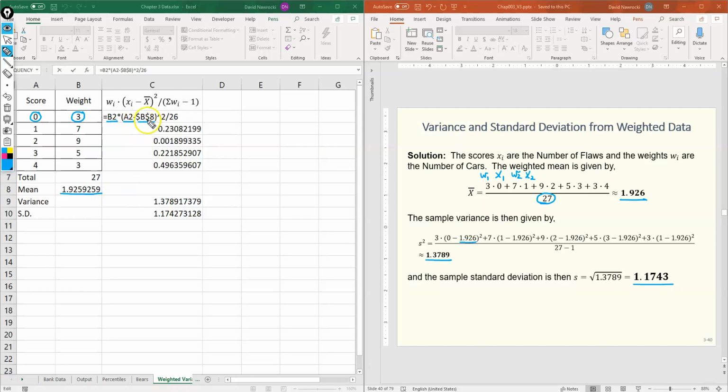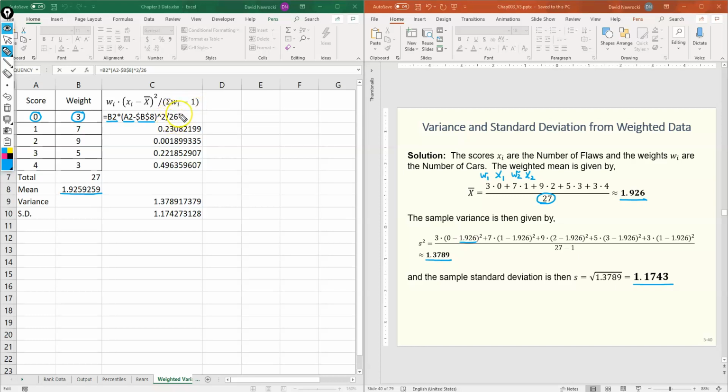Notice I have dollar signs here so that when I copy this formula down, the cell reference for B8 does not change. You could also type in by hand here if you wanted 1.9259259. Just make sure you carry out many decimal places. Then we square it and we divide by the sum of the weights minus 1.